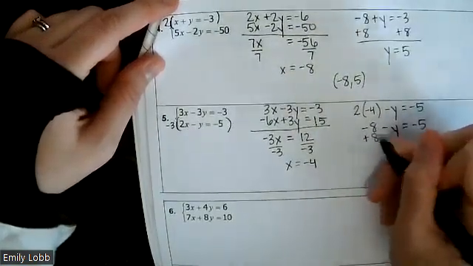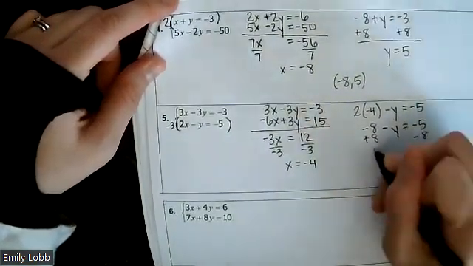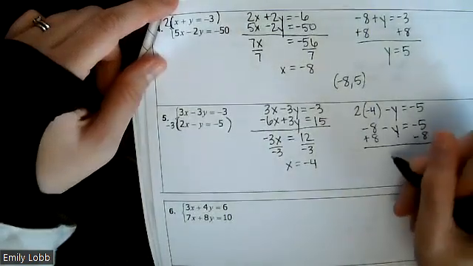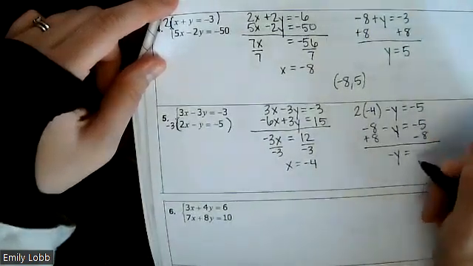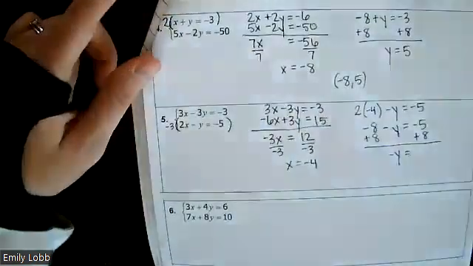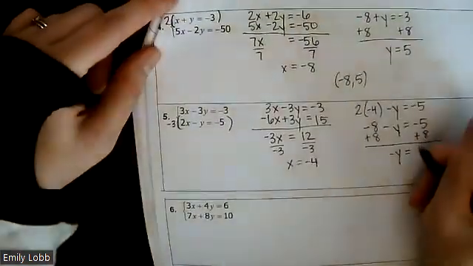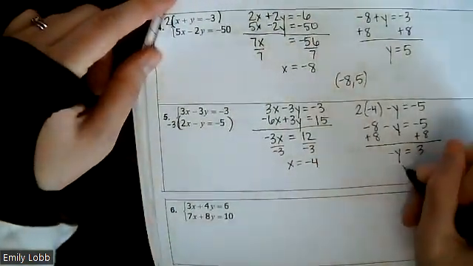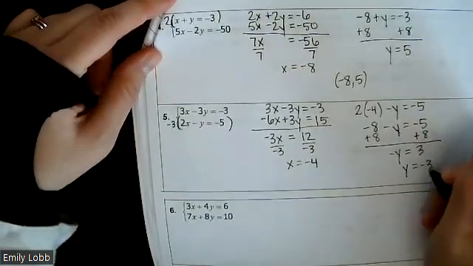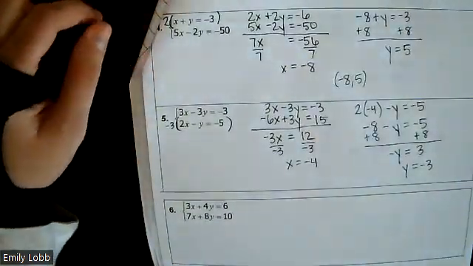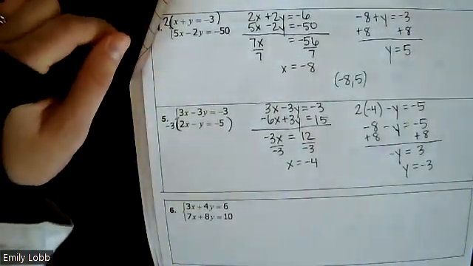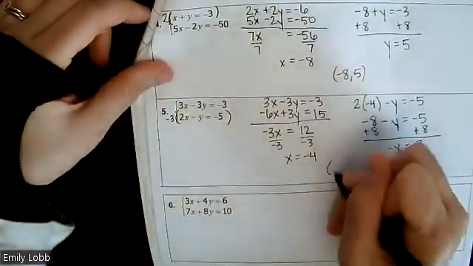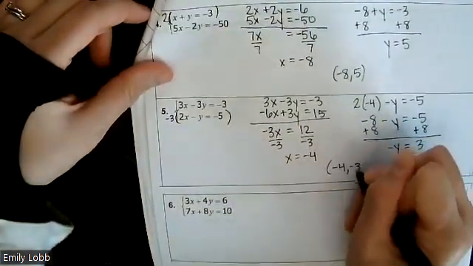So when I add 8, I still have a -y on the left. Oh, I should have showed that I was adding 8, sorry. And then that becomes 3. So the opposite of both of those would make y equal to -3. So this would be the point -4, -3.